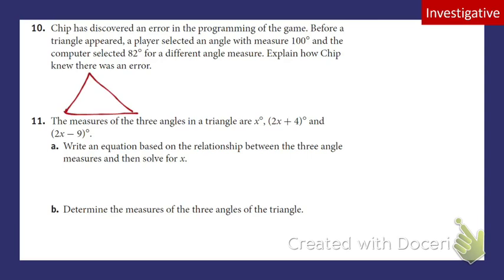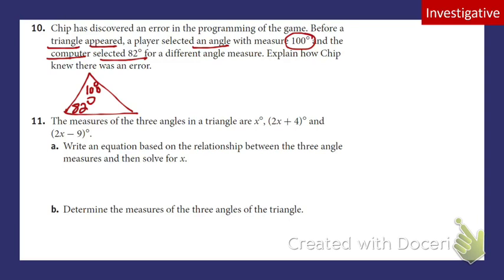If I'm looking at a triangle, one of these angles is 100 degrees. If this angle is 100 degrees and the computer selected another angle, and let's say this one is 82 degrees, yes, there's an error, and you should be able to figure that out.